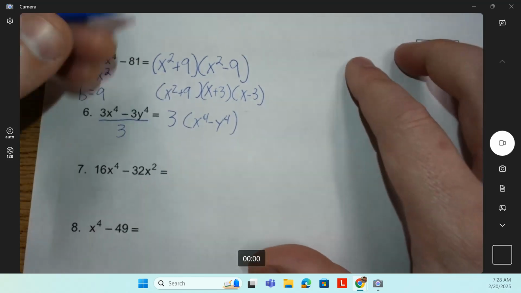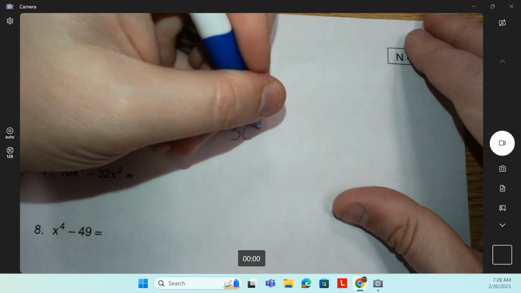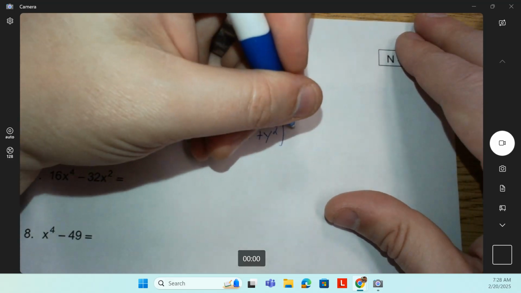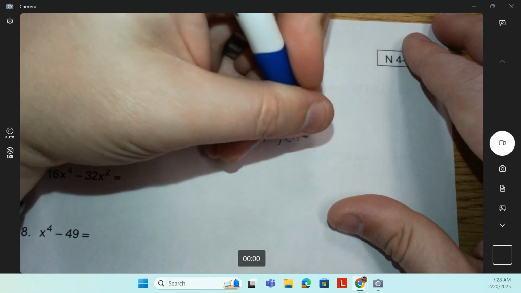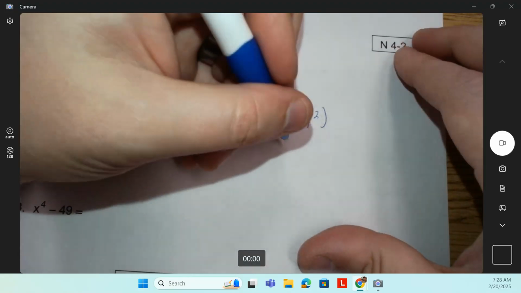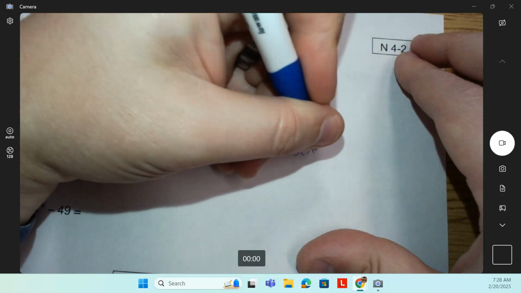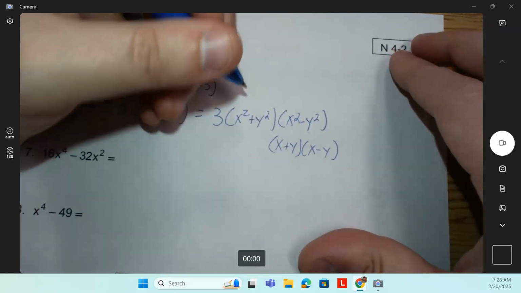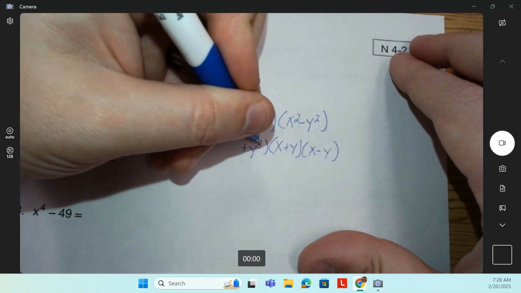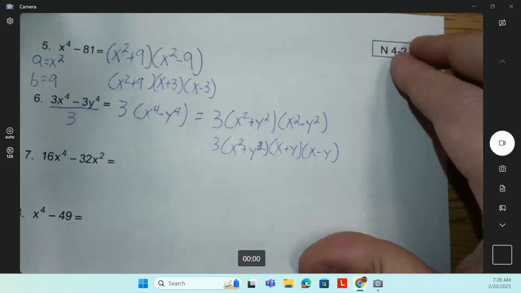And so I'm doing difference of squares, which would look like 3 times x squared plus y squared, and then x squared minus y squared. And we're just going to go through that again. Do x plus y and x minus y. And bring down what I have here. Squared, not cubed. And that would be my final answer there.